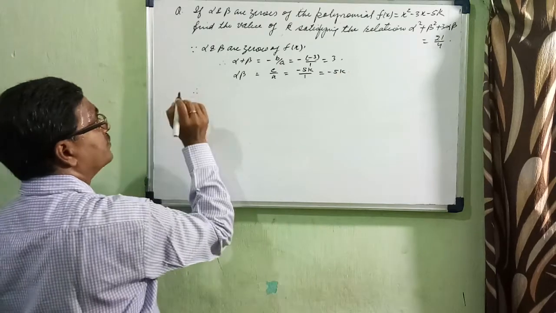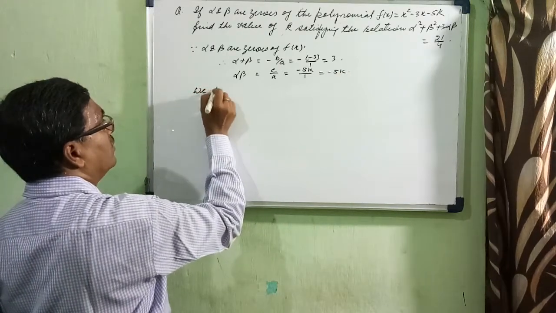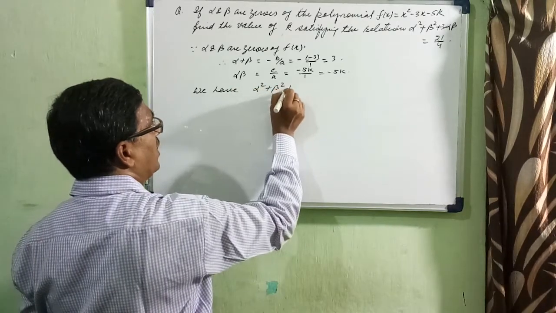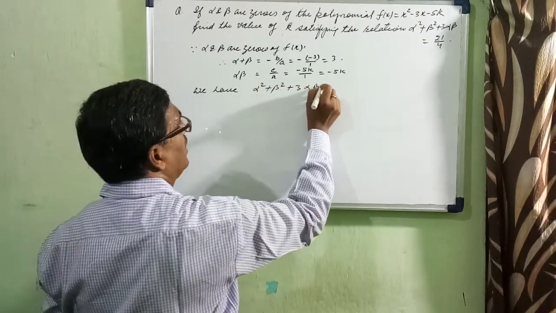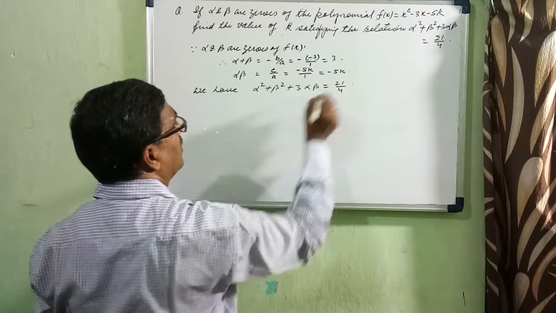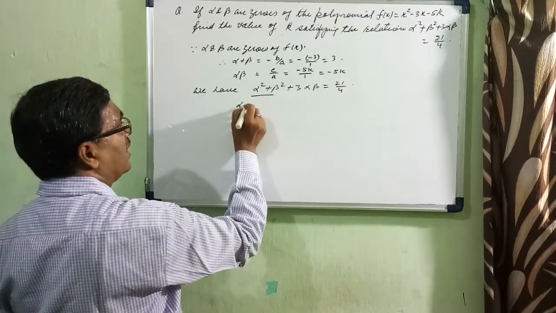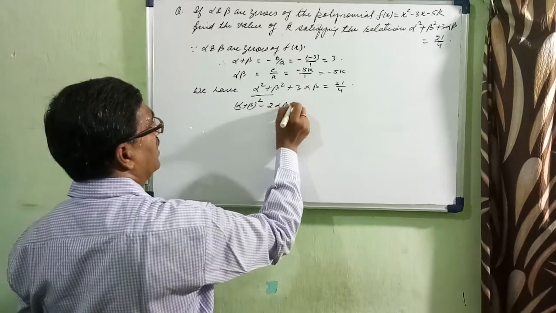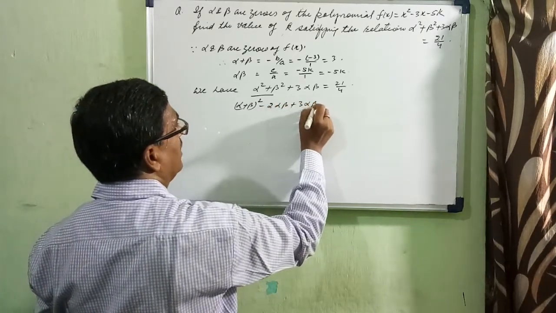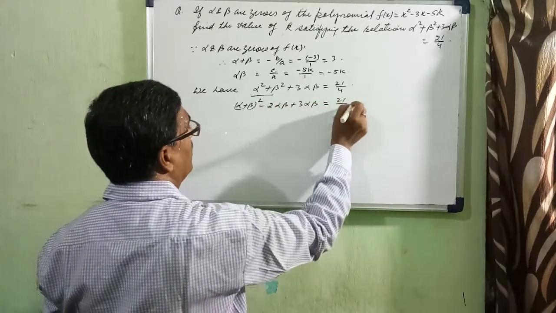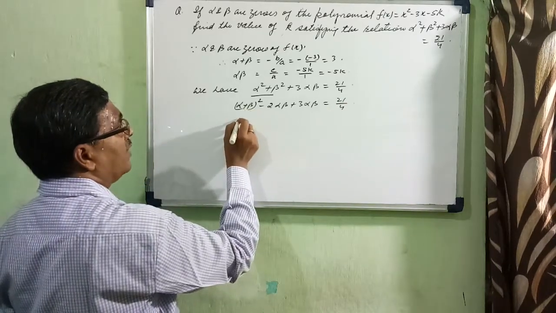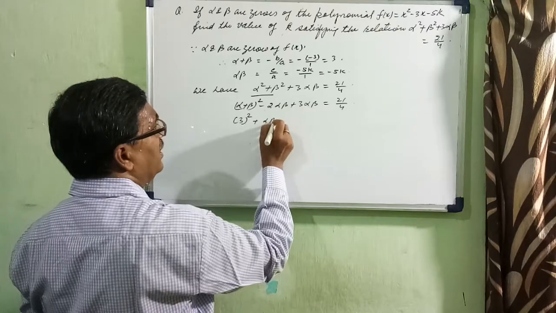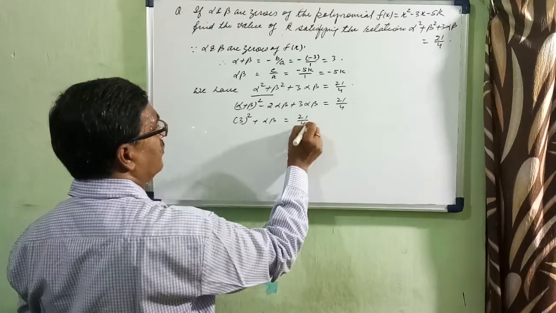Therefore, we have alpha square plus beta square plus 3 alpha beta is equal to 21/4. This can be written as (alpha plus beta) whole square minus 2 alpha beta plus 3 alpha beta is equal to 21/4. Alpha plus beta you have 3, and minus 2 plus 3 is only alpha beta, equal to 21/4.